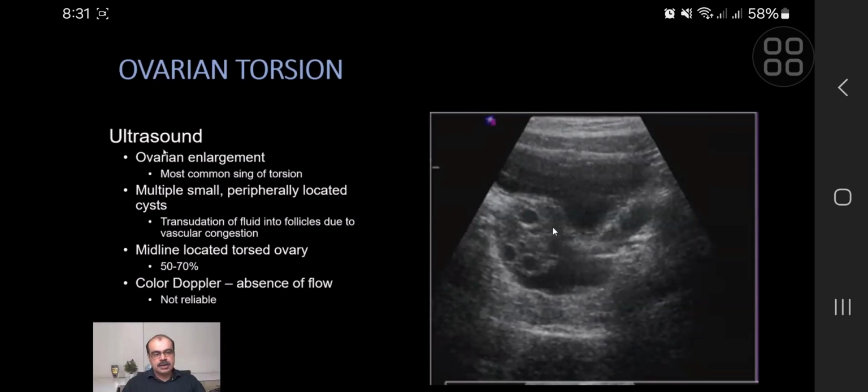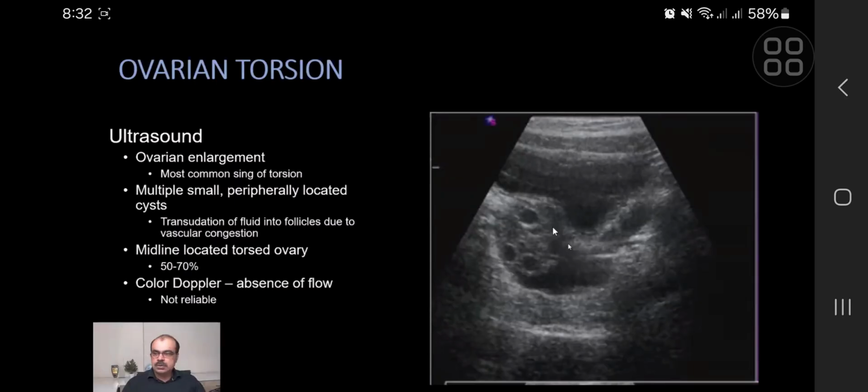The first thing is that the ovary enlarges and the cysts are seen arranged in the periphery. So it's multiple peripherally located cysts. Because of the twisting of the pedicle, the venous drainage of the ovary is compromised first.